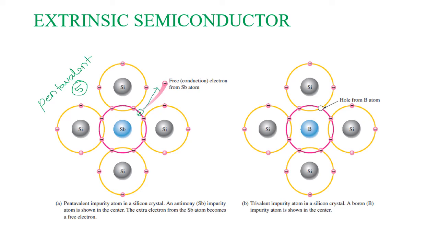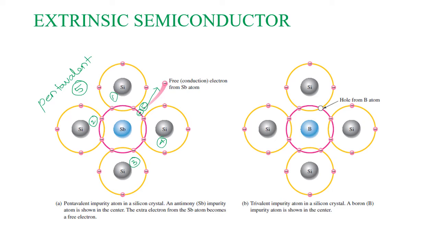Okay, it can share 1 electron each to this silicon atom, 1 to this silicon atom, 1 to this one, and 1 to this one. But what about the 5th electron for the antimony? It is free, and it can come out and conduct electricity.